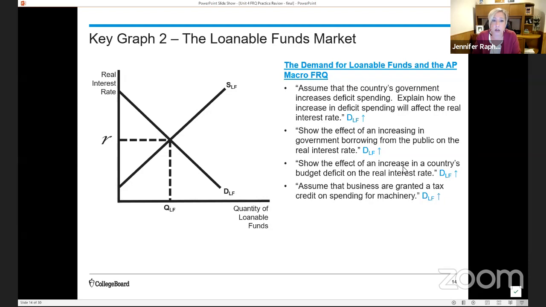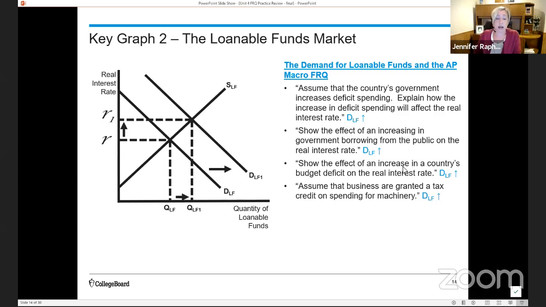Primarily, demand for loanable funds shifters relate to government borrowing, but you might also be asked how a change that affects firms would affect the demand for loanable funds curve. We would show an increase in the demand for loanable funds by shifting the curve to the right. That leads to an increase in the real interest rate.